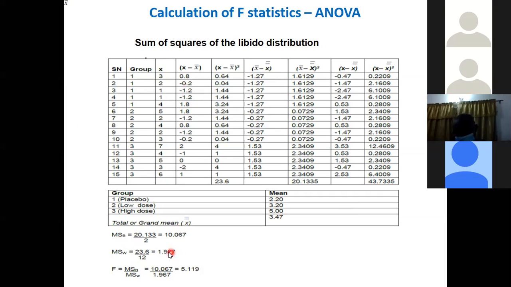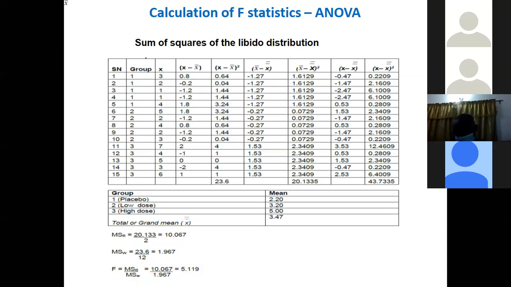When you divide by 12, it gives you the variance within. So the F ratio, which is your statistic, is the mean square between over the mean square within, that is variance between over variance within. It gives you 5.11.